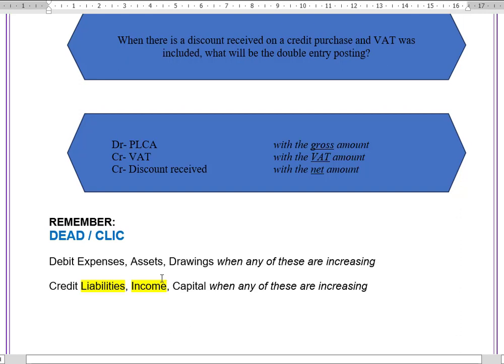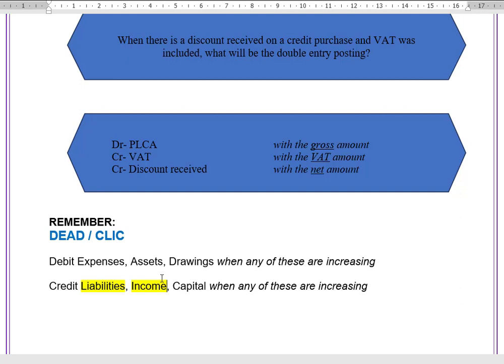Or better still, when you bought the item, you had VAT that you debited as an asset. But now technically, you didn't buy that item or a part of that item. Why? Because you didn't pay the full amount, or it didn't cost you as much. So that element of VAT is overstated, and we want you to go and remove it from your account.